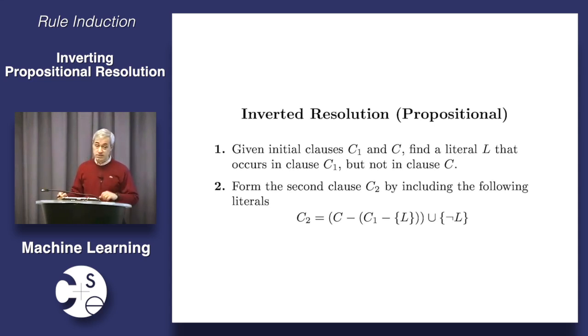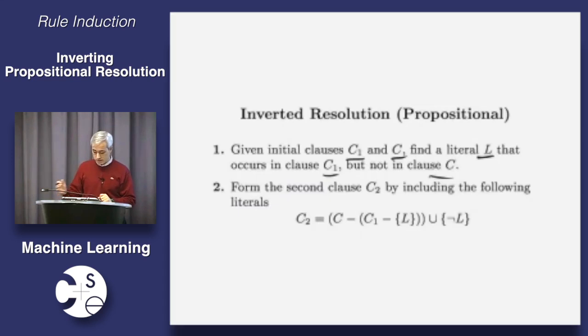Find the literal that occurs in the first clause, C1, but not in the resolvent. Look for a literal that has disappeared, no material in our case. And now, supposing I find it, I can form the second clause in the following way. The second clause is going to be C, the resolvent, minus C1 minus that literal, union not the literal.